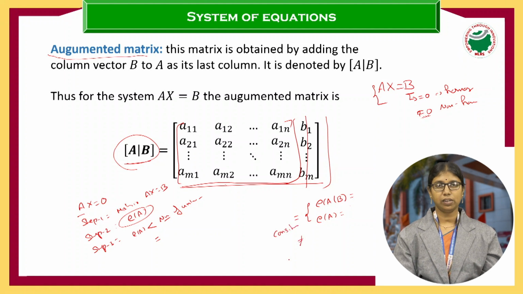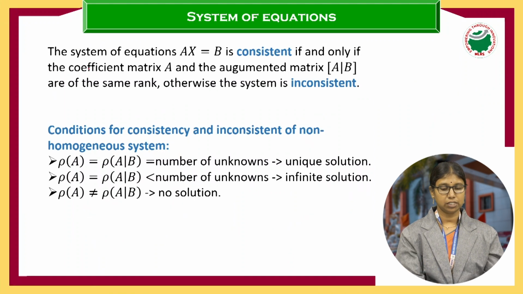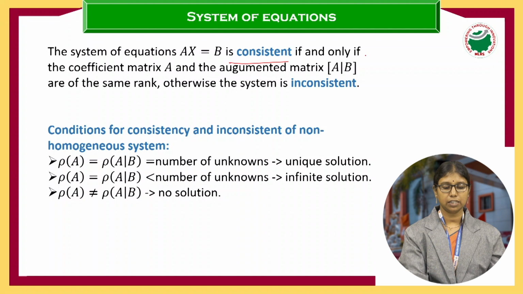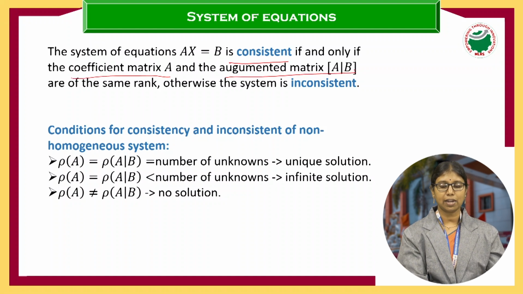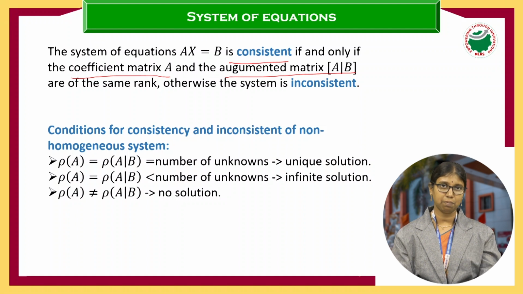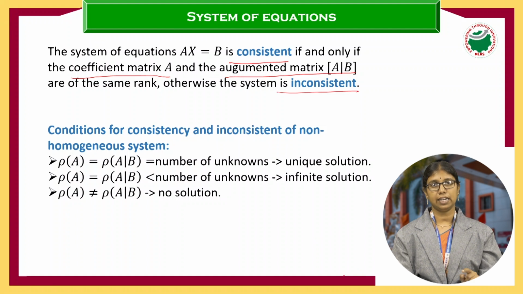If it is not equal, then the system is inconsistent. So for a non-homogeneous system, the system is consistent if and only if the coefficient matrix A and the augmented matrix A given B have the same rank. If those are different, the system is inconsistent.